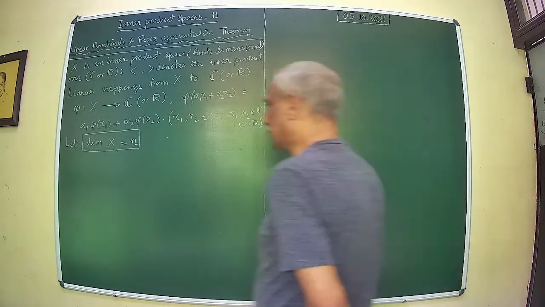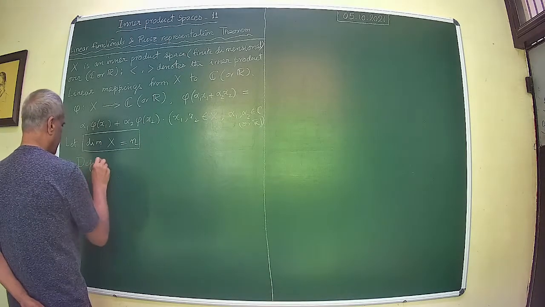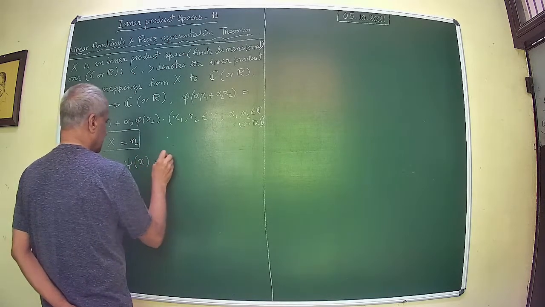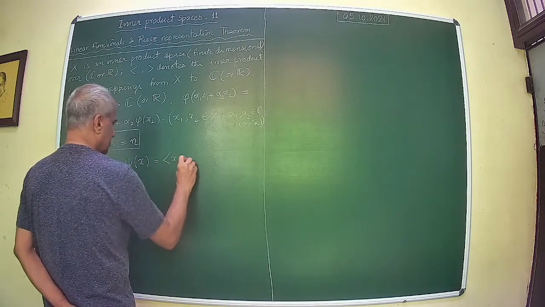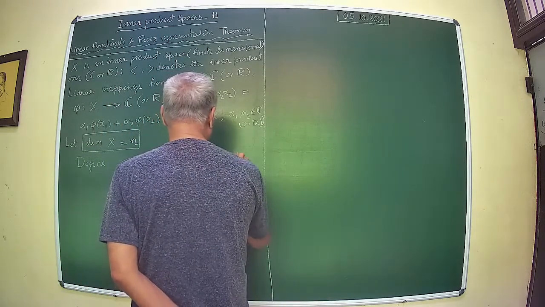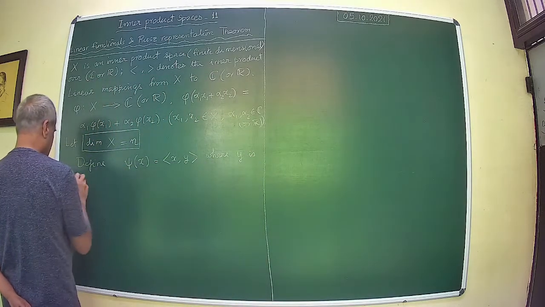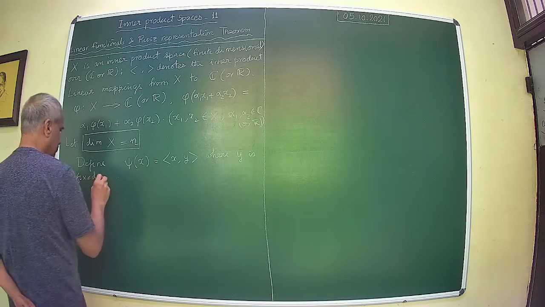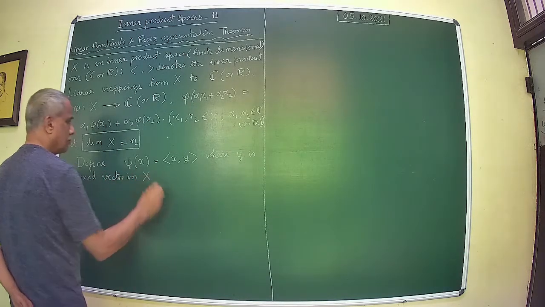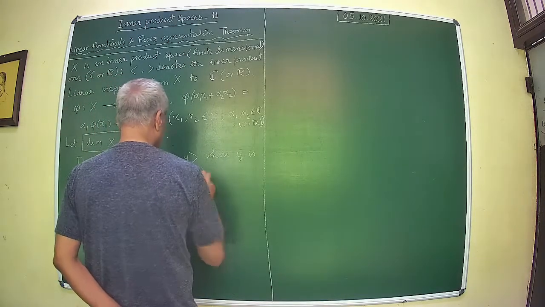So define psi of x equals the inner product of x with y, where y is a fixed vector in X, and of course for x belonging to X. This is the definition.